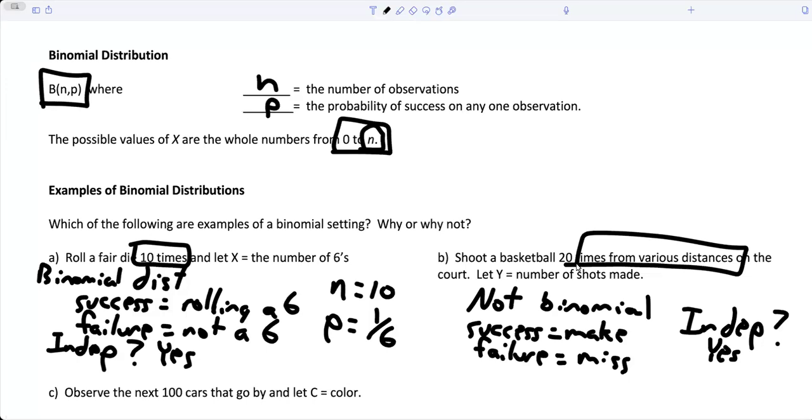Because a layup, for example, from right under the basket has a much higher probability of being made than a shot from half court. So if the probability of success changes, then it cannot be binomial. Not the same probability of success.